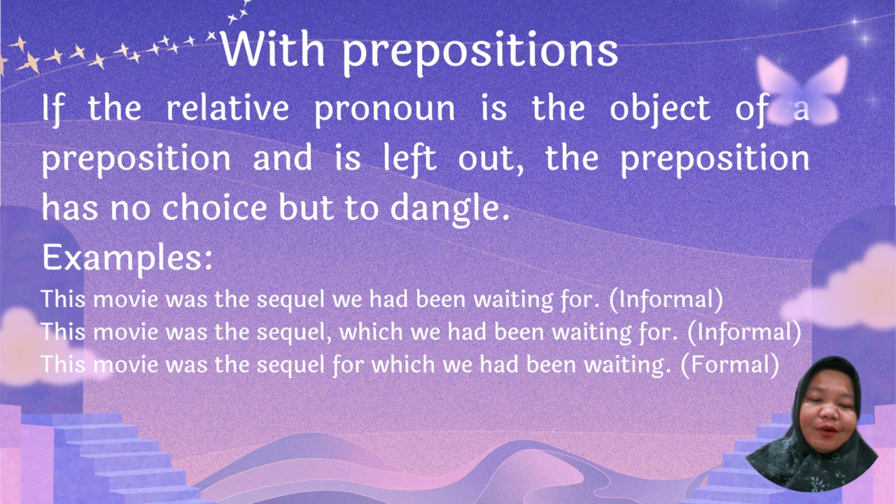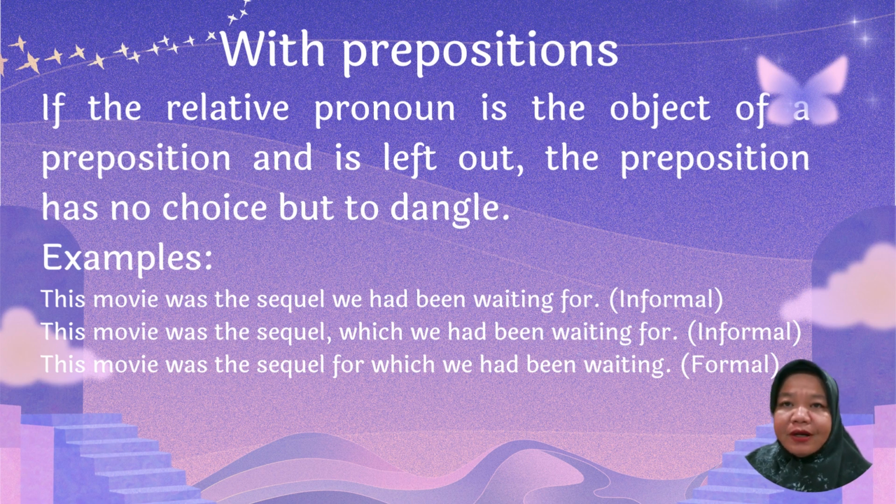If the relative pronoun is the object of a preposition and is left out, the preposition has no choice but to dangle. In informal spoken English, this is fine. It is also fine in spoken English to end the clause with the preposition. However, in formal English, it is better to put the preposition before the pronoun.